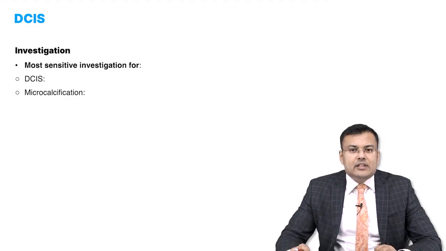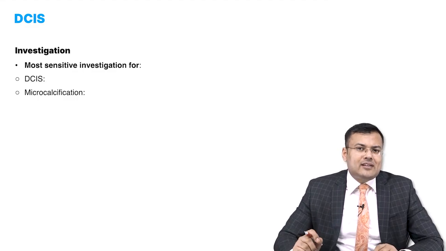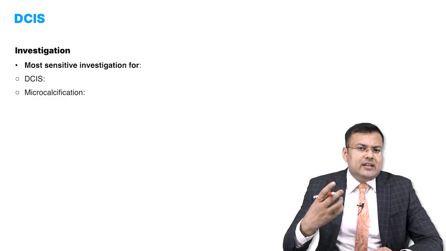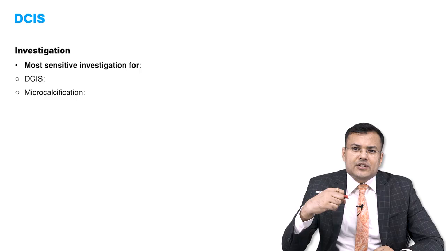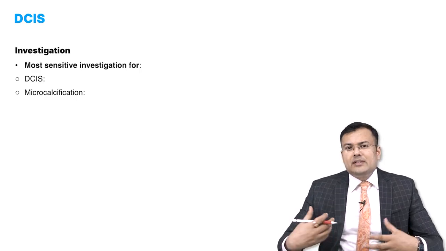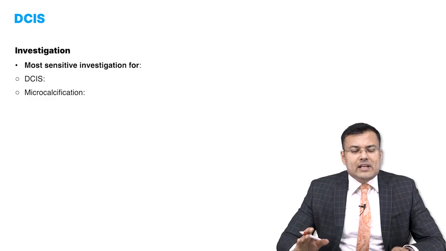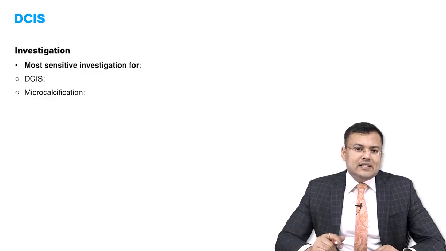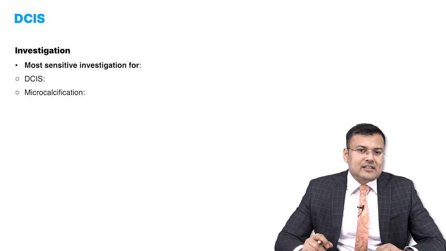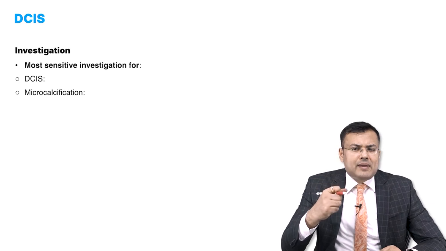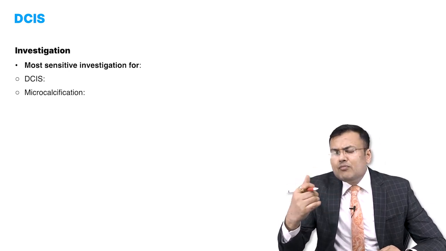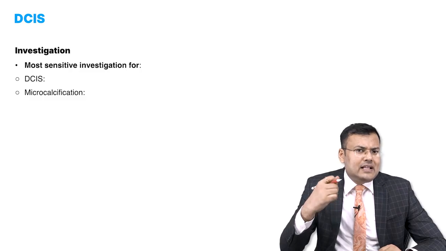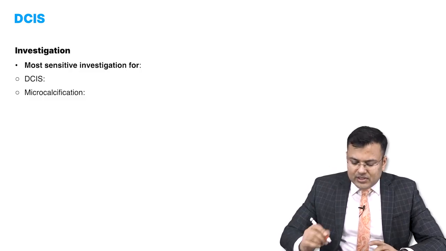After that, if you see the investigation, tell me what is the characteristic feature of DCIS? In DCIS, there is presence of microcalcification. Another important point, since it's a soft tissue abnormality, can you tell me what is the most sensitive investigation for detection of DCIS? Yes, MRI. But what is the problem with MRI? MRI has poor sensitivity for detection of calcification. So we have to read the question carefully.